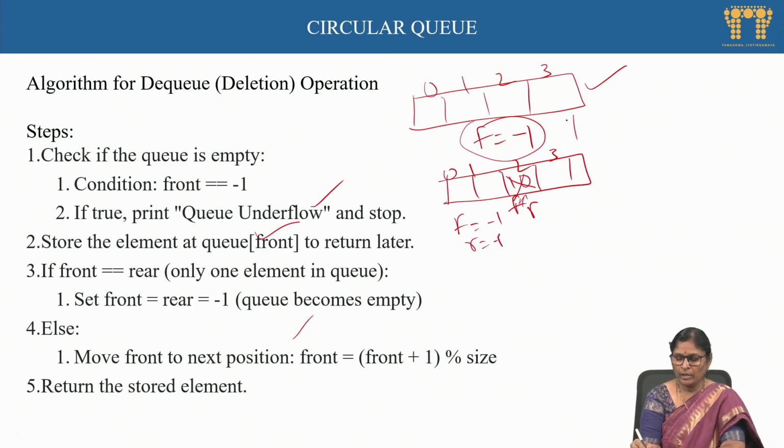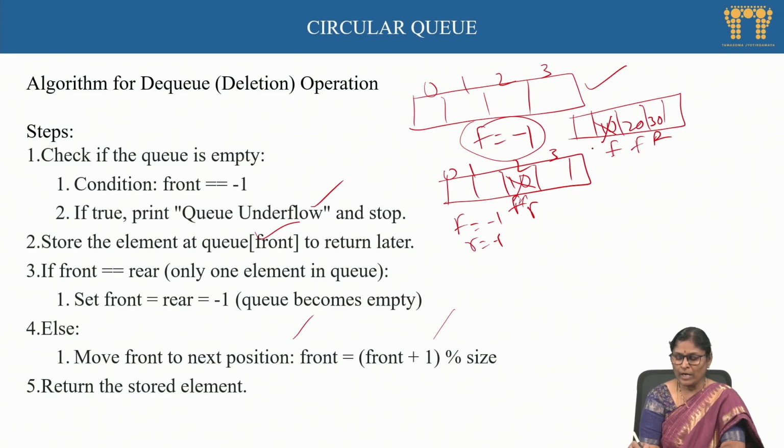Otherwise, here you can perform the deletion operation. Suppose front is pointing to 10, 20, here the rear will be over here. A few elements are left over, so you can perform a deletion operation. Delete this one and increment front. Here you are following a circular increment: f equal to f plus 1 is equivalent to f equal to (f plus 1) mod size.